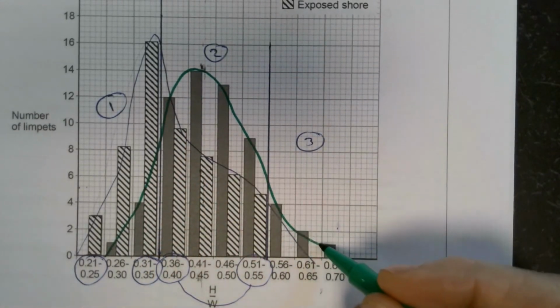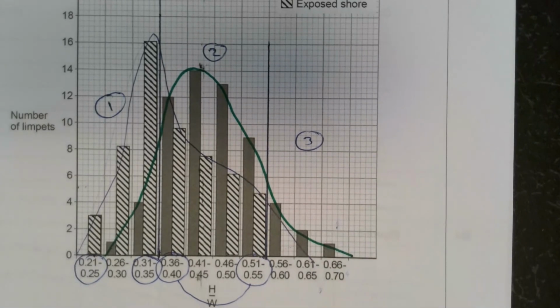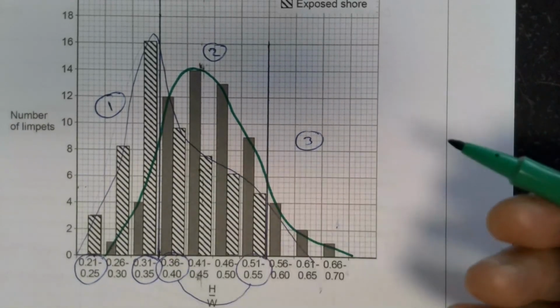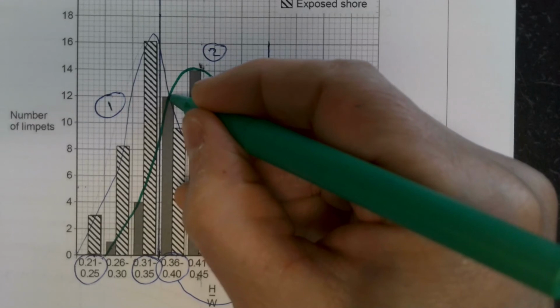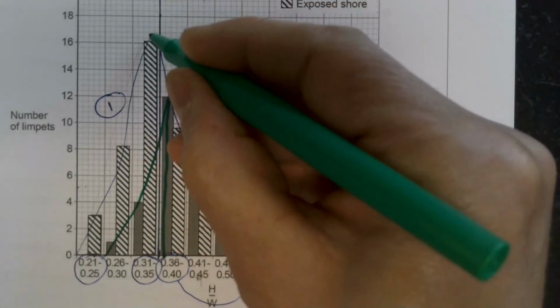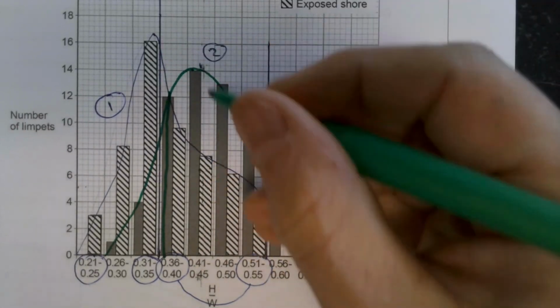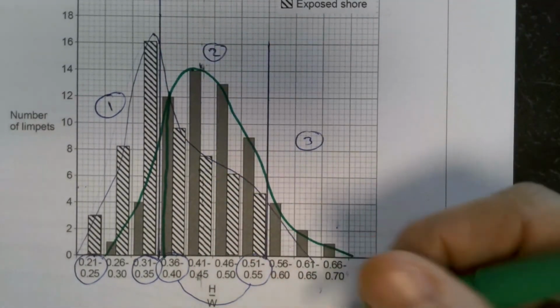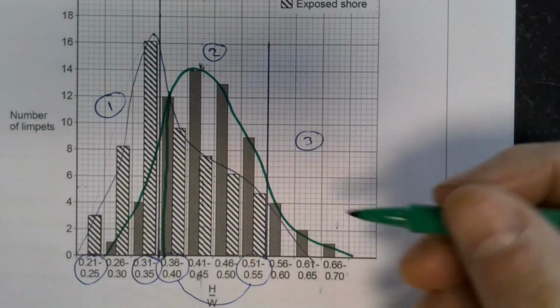So this may well be presented as a line graph instead of a bar chart. And if I was to split that into regions, I'd say there's more over here. I might say it peaks there. This one peaks there. So I might compare the peaks. But it's the same kind of idea.